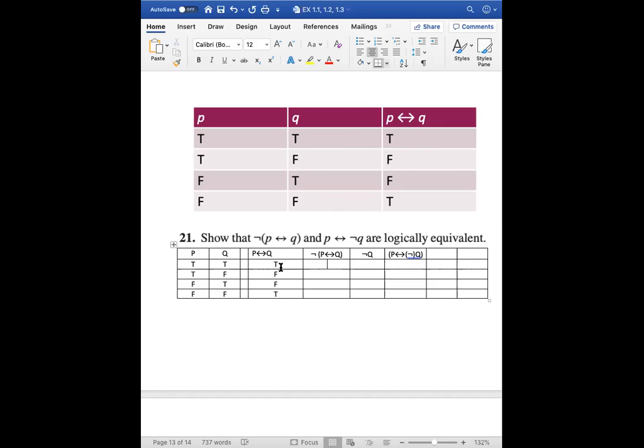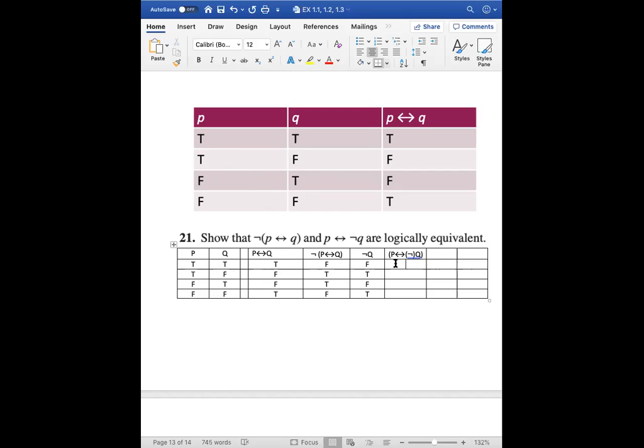Okay, then we take the negation of this, so false, true, true, false. And here we are just taking the negation of Q, so false, true, false, true. Then we take P and biconditional it with this negation of Q. So true and false is false.